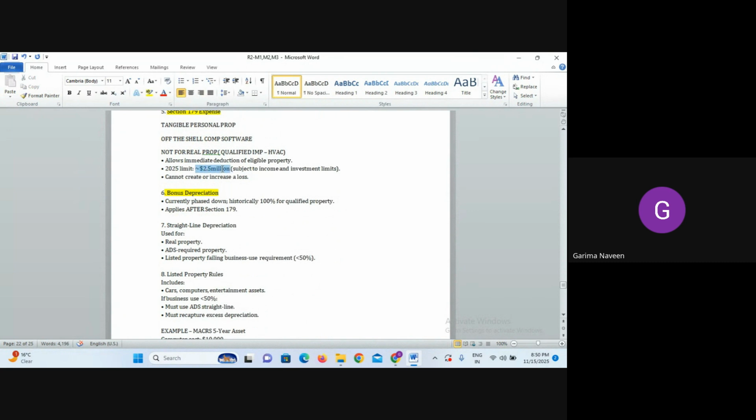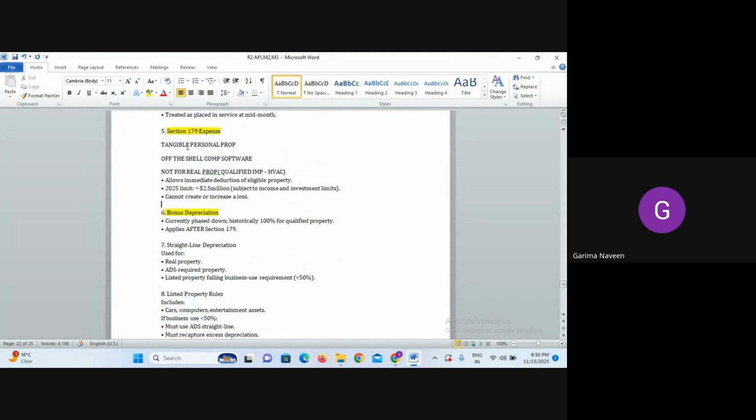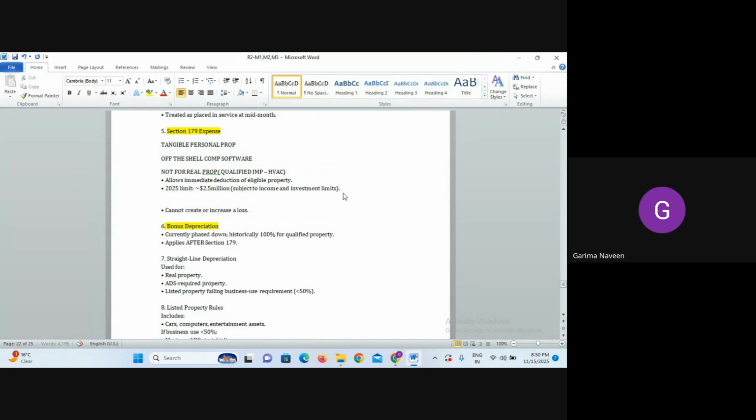So for 2025, up to the amount of 2.5 million of expenses you can deduct in the first year. If you have greater than 2.5 million, then up to 4 million you can deduct, and after this it will start phasing out completely.